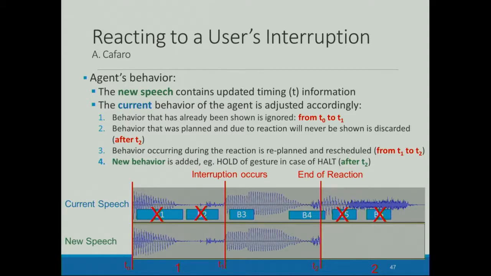And during the reaction time, which could be extra short, short, medium, or long, we change the behavior. So we can have hold behaviors in case of a halt, replanned behaviors if it is replanned, or an exaggeration of behaviors if it is an overlap.